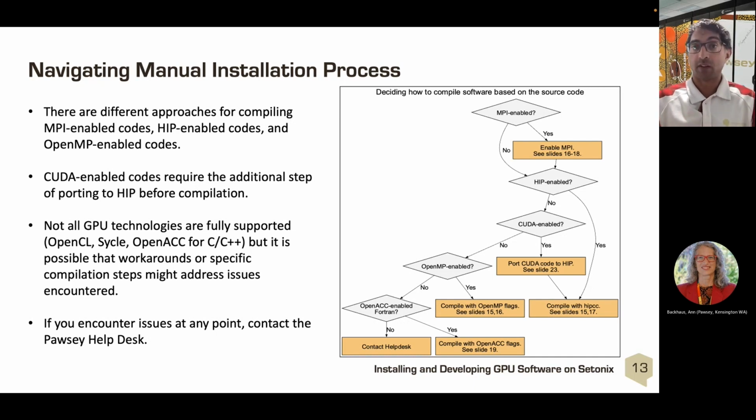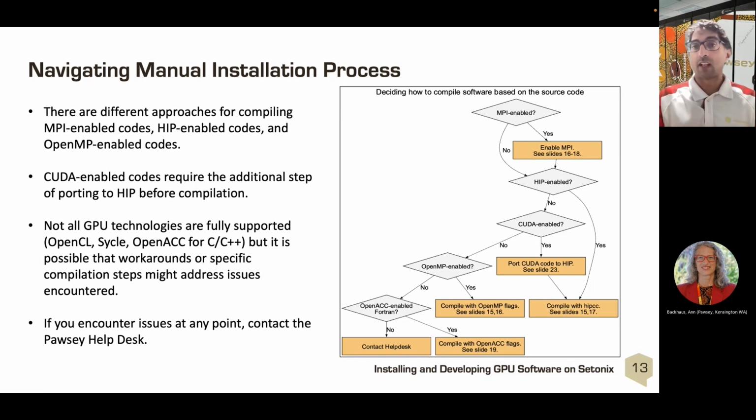Now, if we look at the figure, this flow chart for deciding how to compile software, the first high-level question you need to ask yourself is whether the software you're using is MPI-enabled. So if you couldn't find a module for it and you wanted to build a version, there's a different set of steps that need to be undertaken if you have MPI-enabled software that would use MPI and possibly go across nodes.